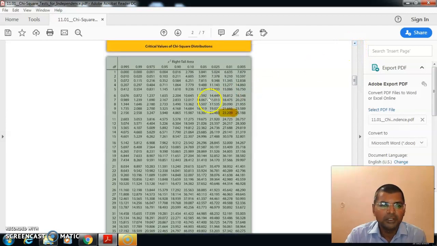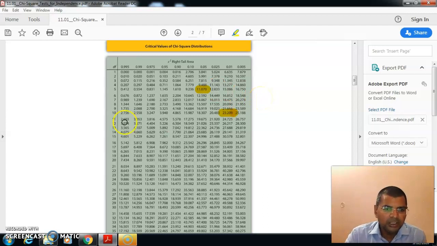Right? For example, if I want to calculate chi-square value for 10 degree of freedom and 1% level of significance, then the critical value is 23.209. If I calculated it for 5% level of significance with 5 degree of freedom, then the value comes out to be 11.070.